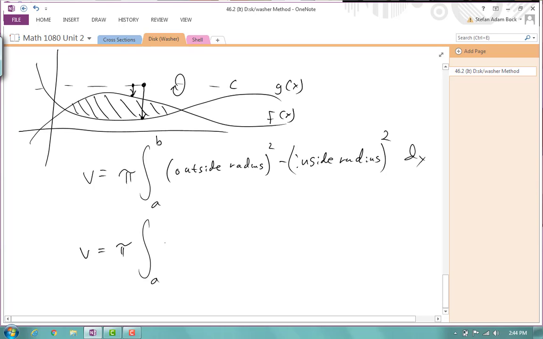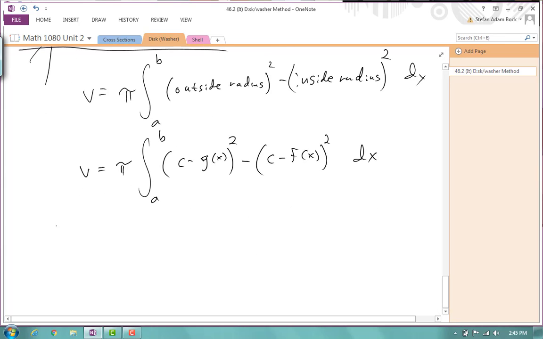I would have the integral from a to b. The outside is g of x. Well, c minus g of x squared minus c minus f of x squared. So this is the volume.